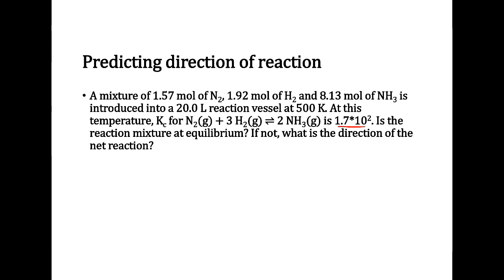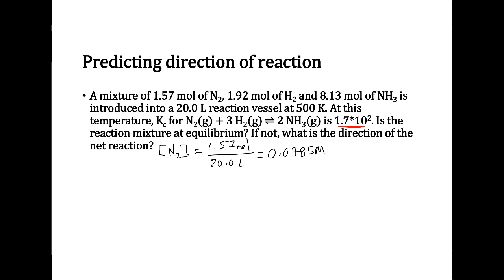The first thing we want to do is convert these mole amounts into concentration. For nitrogen, we'll take that 1.57 moles divided by the volume of our container, which is 20 liters, and we will get a concentration of 0.0785 molar.